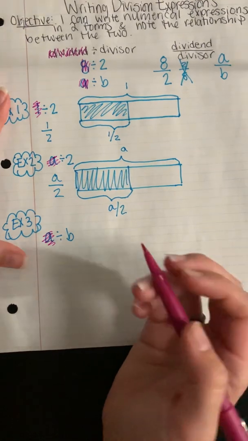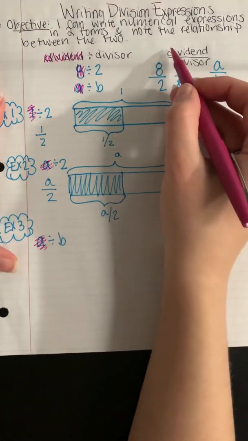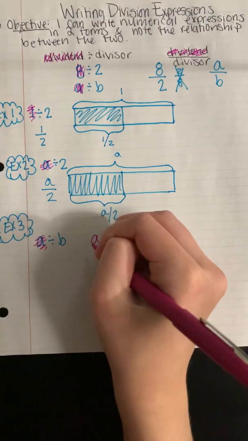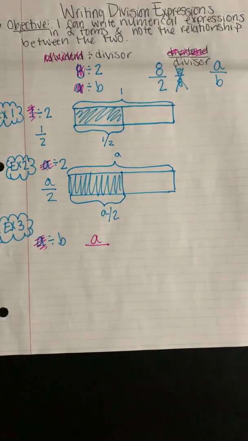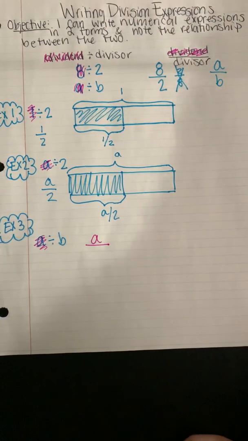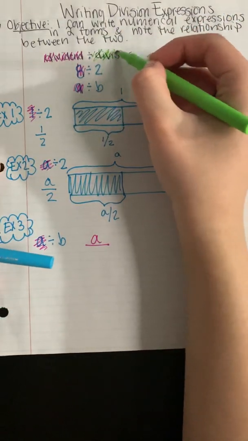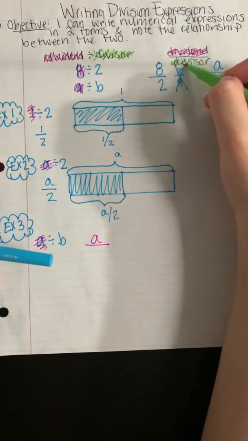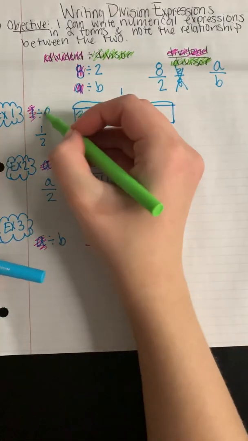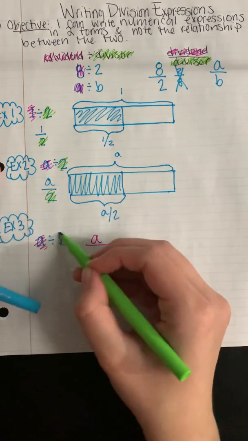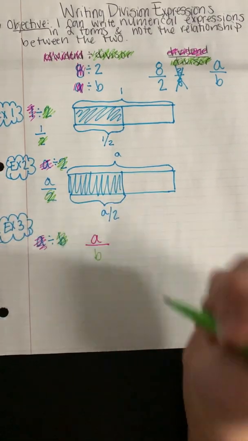That becomes our numerator, like we see here. So I would put my A on top, then the fraction bar, and then the divisor becomes our denominator. I already used the blue, so let me grab a green. So our divisor becomes the denominator. The 2 was the denominator here, so our B would go here.